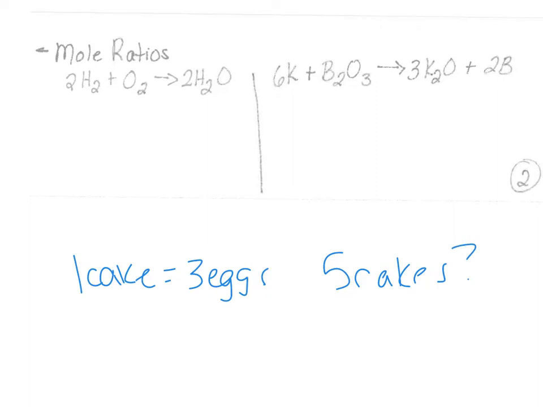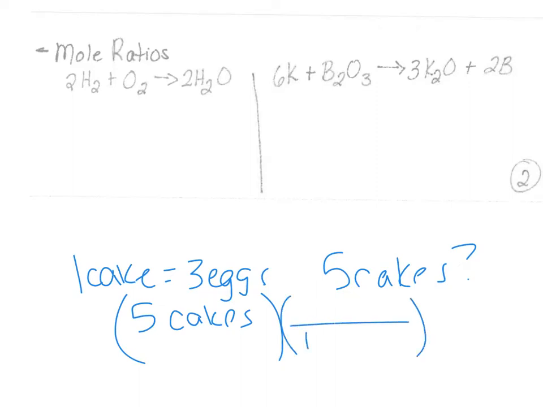But since this is chemistry, let's just set it up. I want 5 cakes. And I want to know how many eggs I'm going to need in those 5 cakes.